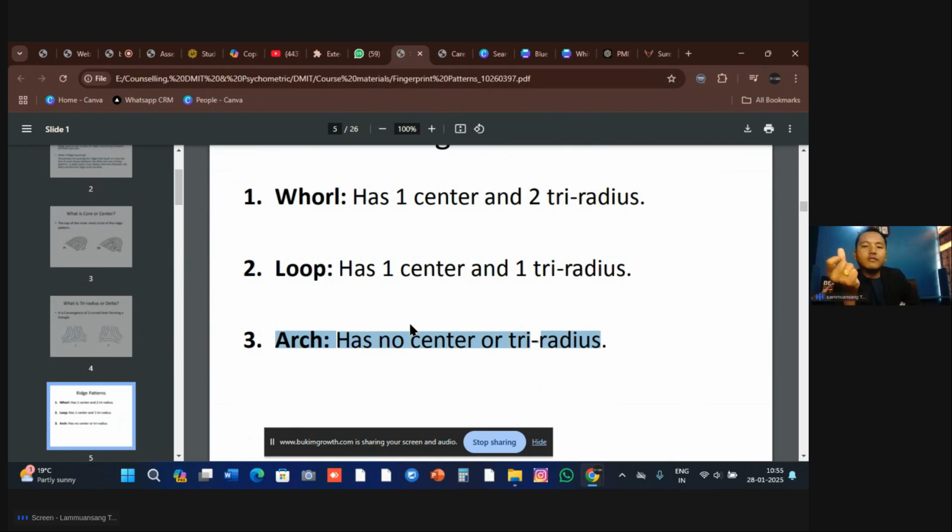On the other hand, if I have two tri-radius and two centers, what will it be? Compliant, right? So my secondary personality will be compliant. You got it? For personality, just the thumb. Secondary personality is the right hand. Primary personality is the left thumb. Only the thumb.